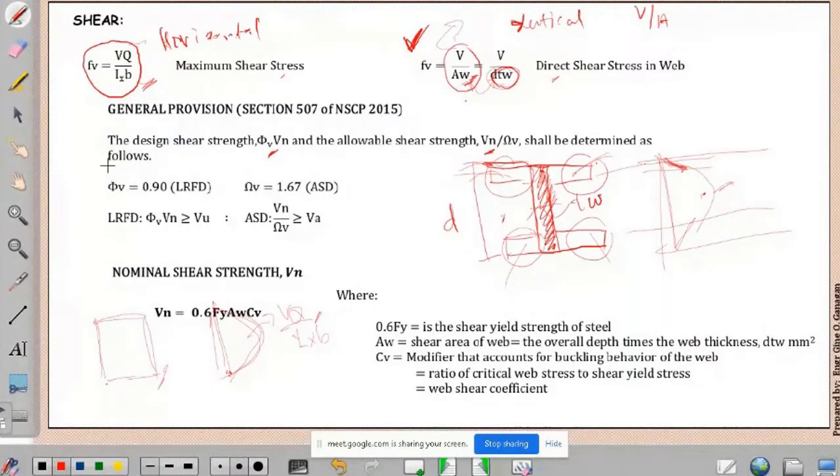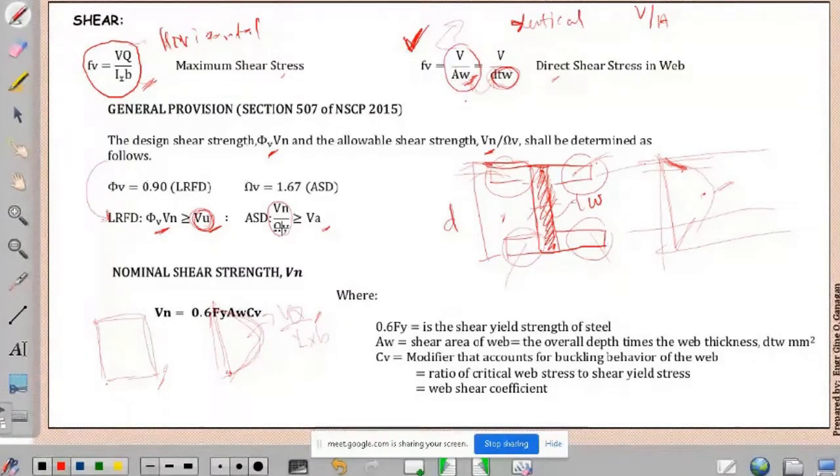Such that yung ultimate natin, ito yung ultimate shear of the beam natin, yung Vu, should be less than our design shear strength. Ito yung design shear strength natin, ito yung ultimate shear sa beam natin. This is for the LRFD. And the same, yung actual shear strength natin, or yung actual shear force, should be less than or equal to the allowables, ito yung allowable shear strength natin.